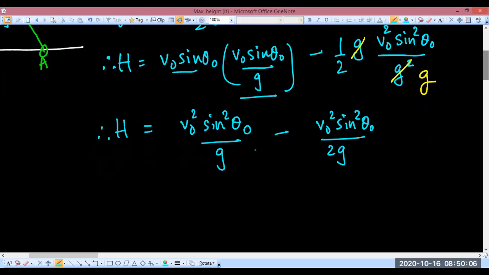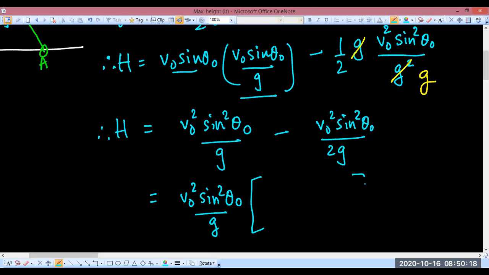Now you see, you have to take LCM, or you could take common, whichever you are comfortable with. v0 square sine square theta common upon g also common. So here everything is gone, so 1 minus, all this is gone, right? I hope you realize what I'm circling is common, right? So only that 2 remains.